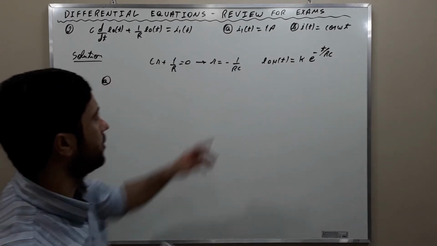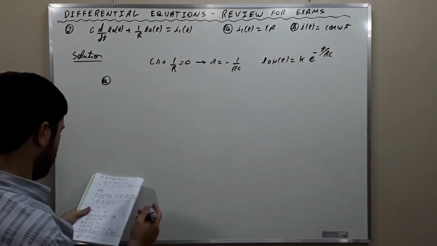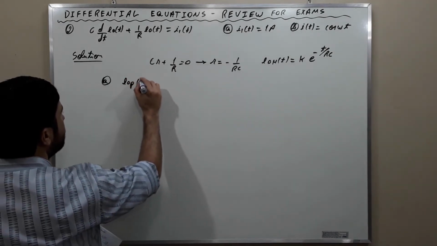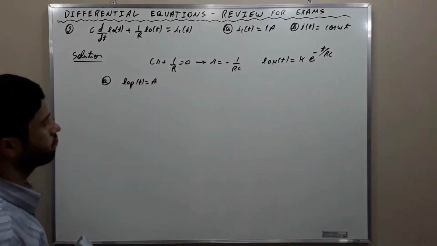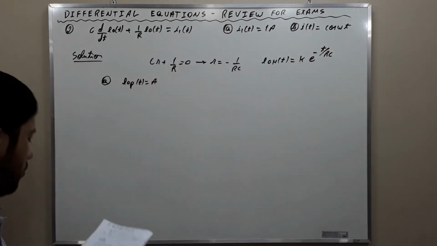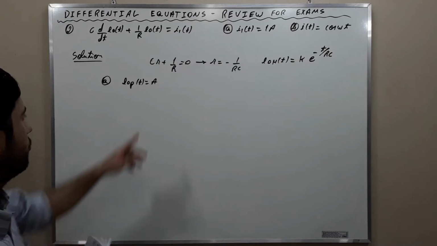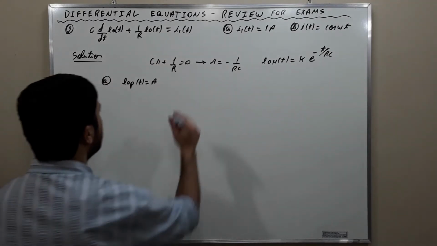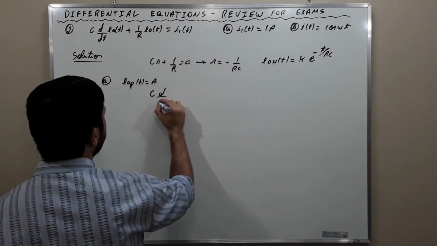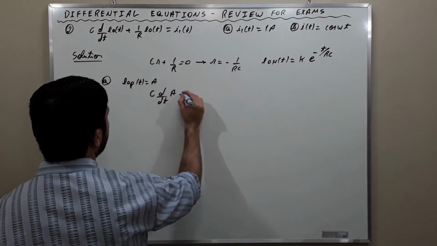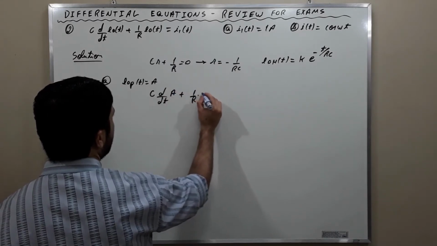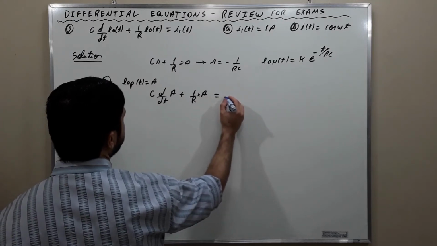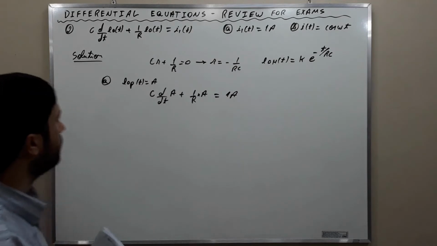As letter A is a constant, we are going to have a particular solution of the sort E0p of t equal to a constant A. What we need to do is to simply substitute this in the original equation, and we get that C times the derivative with respect to time of A plus 1 over R times A equal to 1 amp.